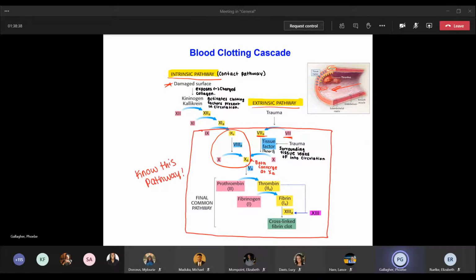That's not to be confused with the von Willebrand factor, which is what allows the platelets to bind. So this isn't talking about platelets. This is talking about the zymogen activation.